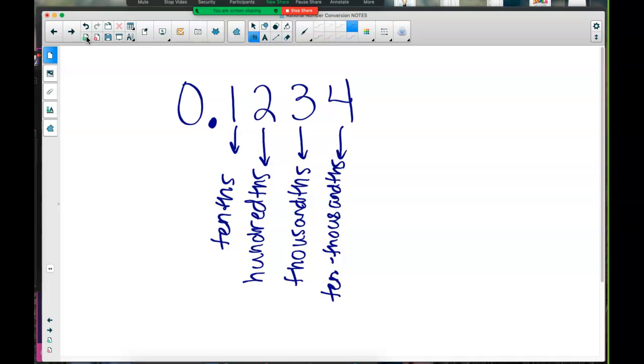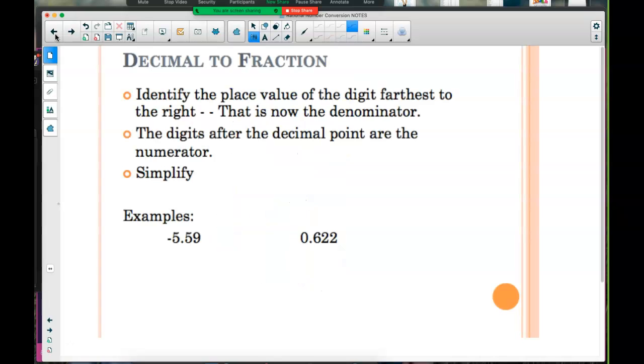Okay? When I look at a decimal, we are looking at this decimal, negative 5.59. We have to think about how would we read that in the correct form. Negative 5.59 is not the correct way to read it. I should read it as negative 5 and 59 what?